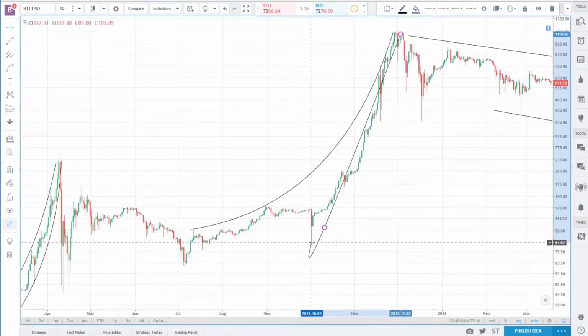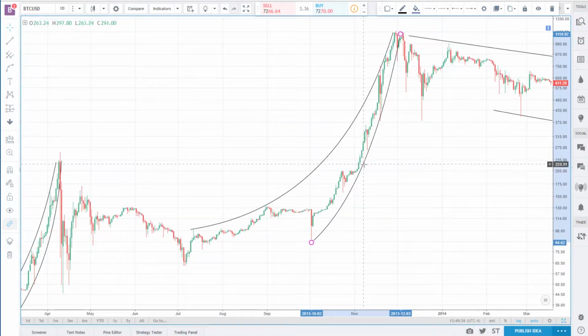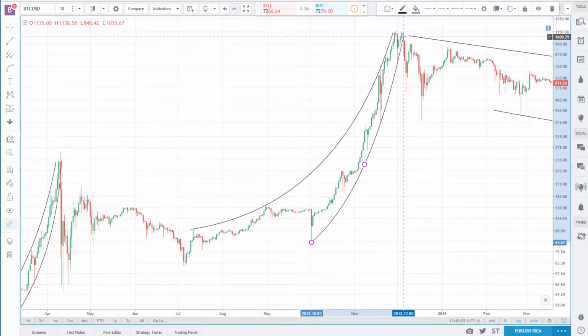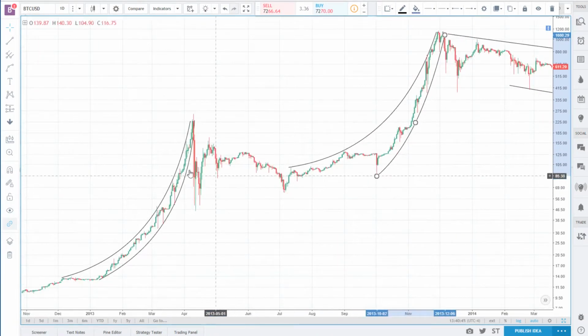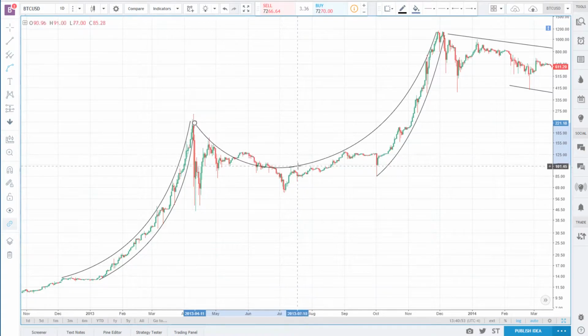Probably better off to draw it right here and go here. So you see that, if we zoom out, Bitcoin does this sort of thing where it goes parabolic and then it tapers down and then it goes parabolic. So let me draw one more envelope here. So it goes down.